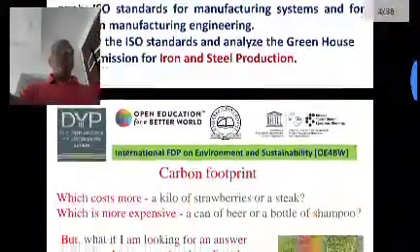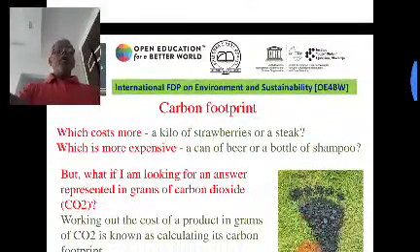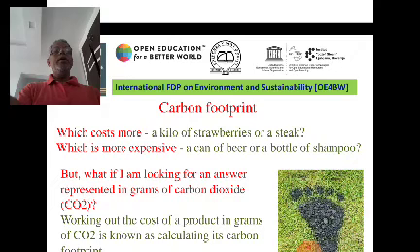Now, before going into details, we should first know the terms carbon footprint and greenhouse gases, which you must have heard. First, what do you mean by the carbon footprint?